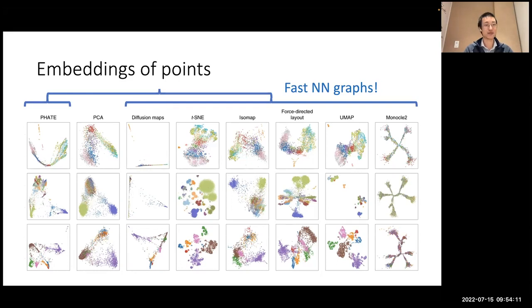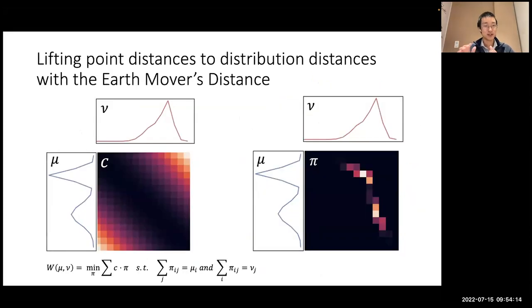And we'll talk about earth-mover distance. One of the nice things about earth-mover distances is that it's sort of the most natural way of lifting distances between points to distances between distributions, because essentially what you're saying is, take a distribution over points and then take the minimum total cost of moving things. Given two distributions over some discrete data, the easiest way to think about it is sort of a matrix form.